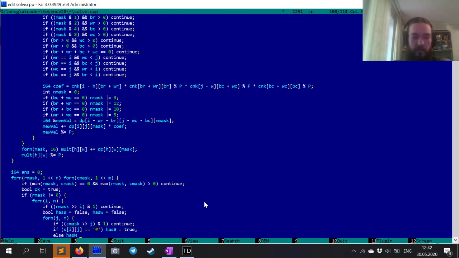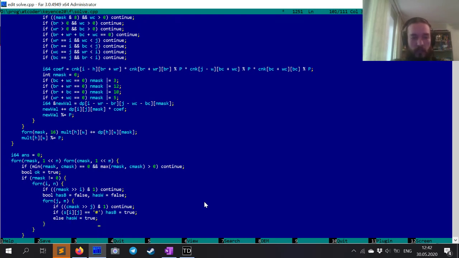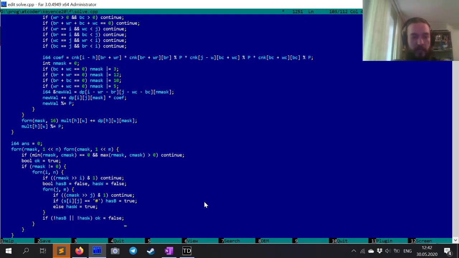Otherwise, we have white. All right. So now the row is unbroken if one of these two is false. So in this case, OK is false.